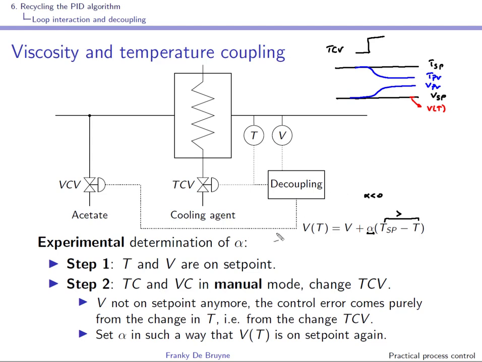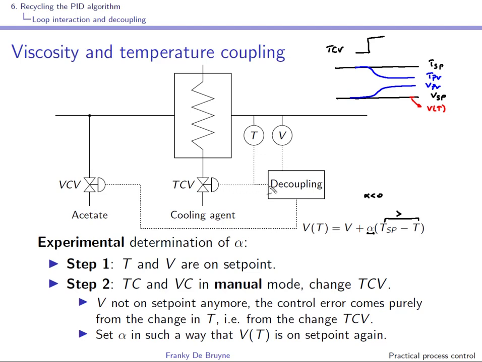So if now we put both controllers in automatic again, this controller here would see a virtual viscosity on set point and it would not react, and this is clearly what should happen, because we know that the error in the viscosity comes from this control valve.